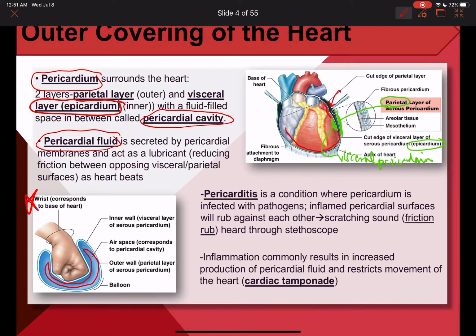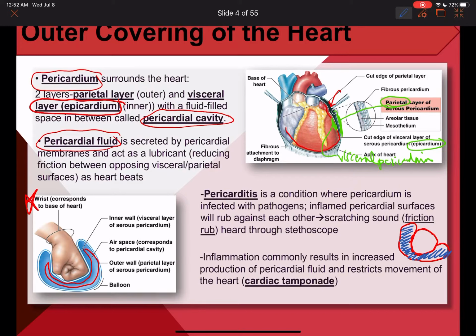So what happens is, here's the heart, and here's that layer of pericardium that surrounds it. But now I'm drawing it super large because that entire part is now filled with fluid. Instead of a thin layer of fluid, that whole layer has increased production of serous fluid or pericardial fluid. So now it ends up pushing on the heart muscle, the whole organ itself, and now the heart has no room to beat.